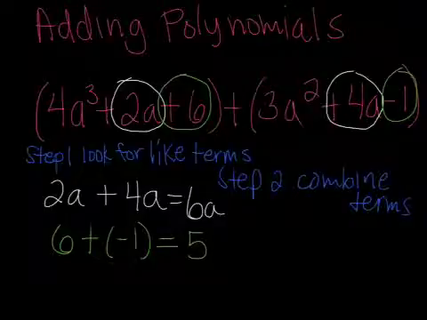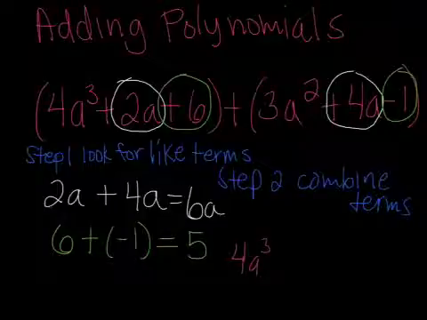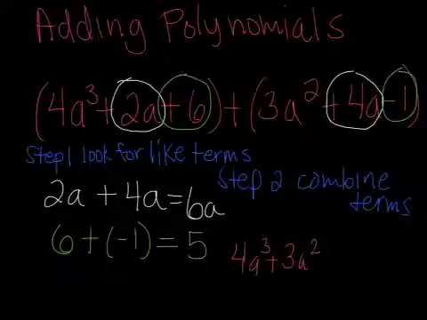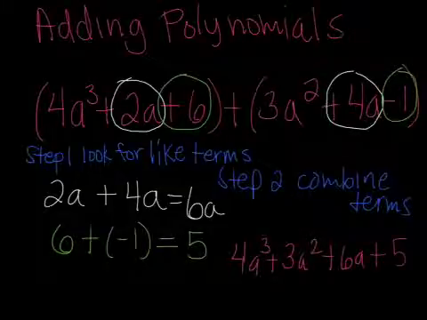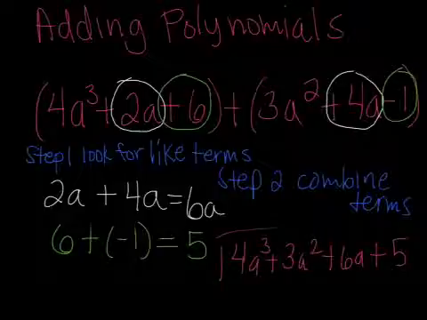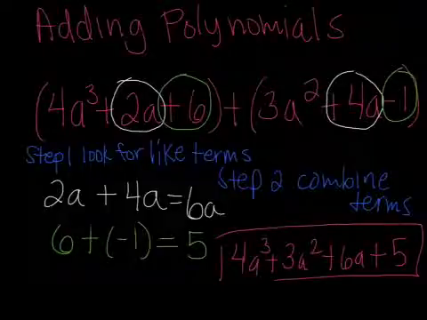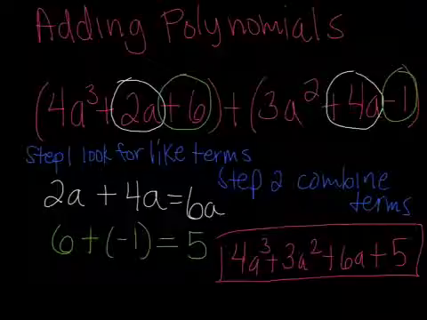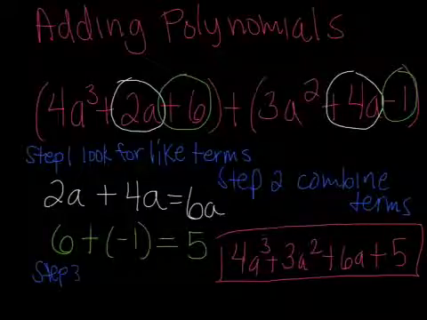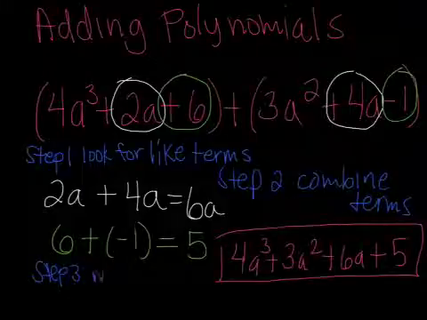So if we rewrite the polynomial, we have 4a cubed plus 3a squared plus 6a plus 5. And that would be our final answer for this problem. Don't forget to write your polynomial in order from highest degree to lowest degree.